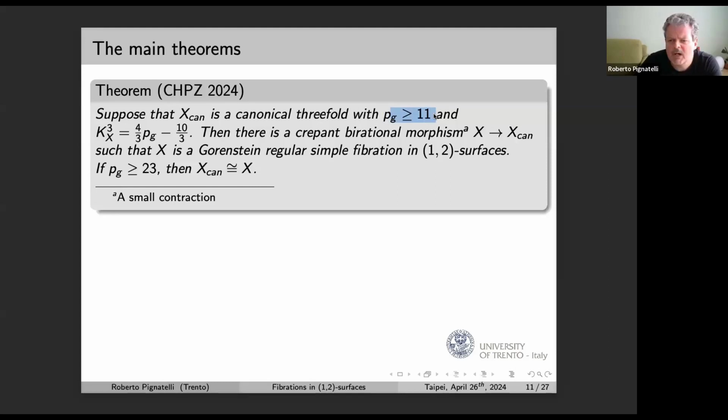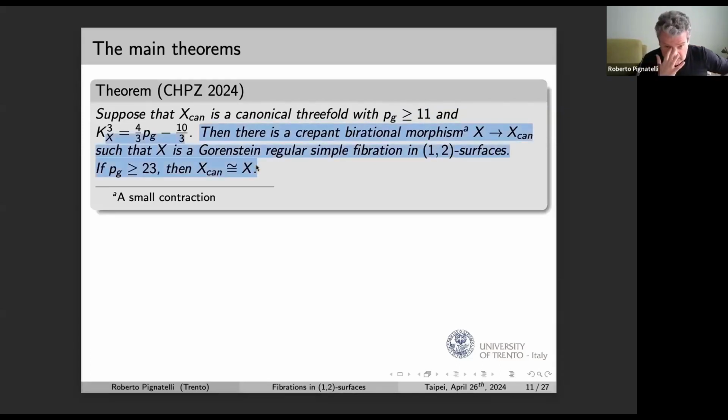I think there is a paper of Yunkai, if I remember well. What is going to follow is false for p_g equal 4, so one exception is already there. We know a threefold with p_g equal 4 and volume 4/3 p_g minus 10/3, which is probably 2, where this is false.